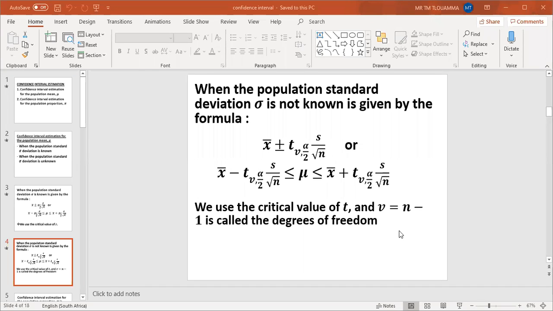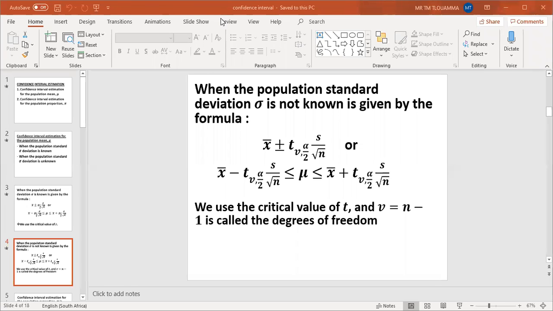Then you're going to say 100 minus 1, and you'll get 99. So when we go to the t table, we look at the first column. It shows the v, or they can denote it as df.